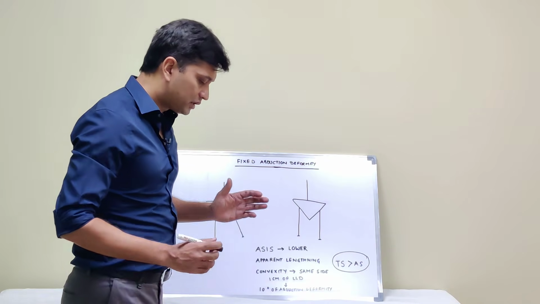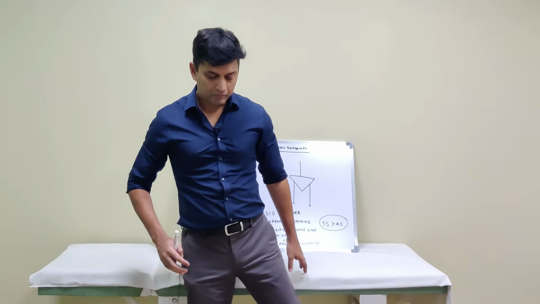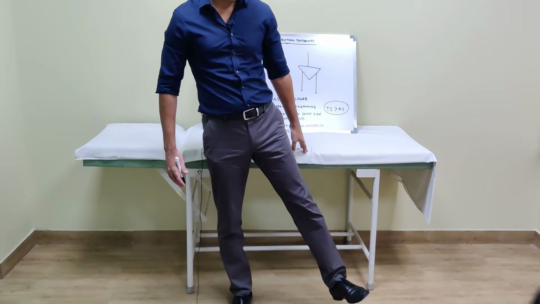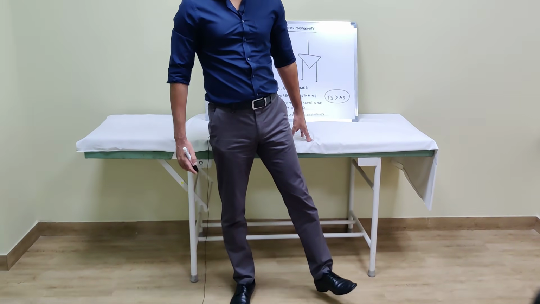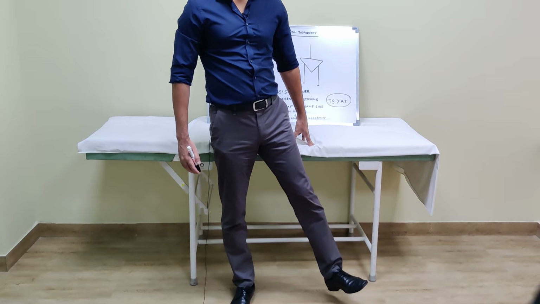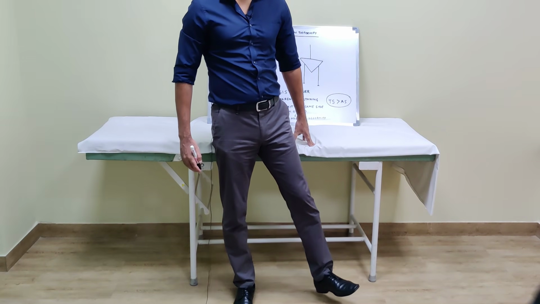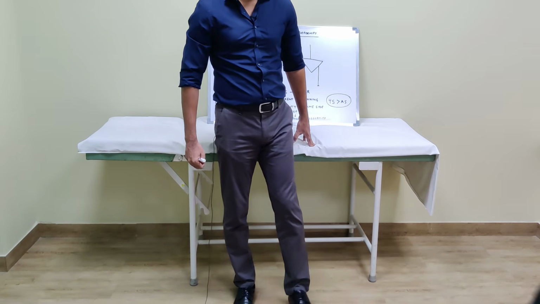Now imagine I have got a fixed abduction deformity of my left leg as shown in the diagram. There is no way I can walk with my leg in this position. So in order to walk, I have to have my leg parallel to the other leg.